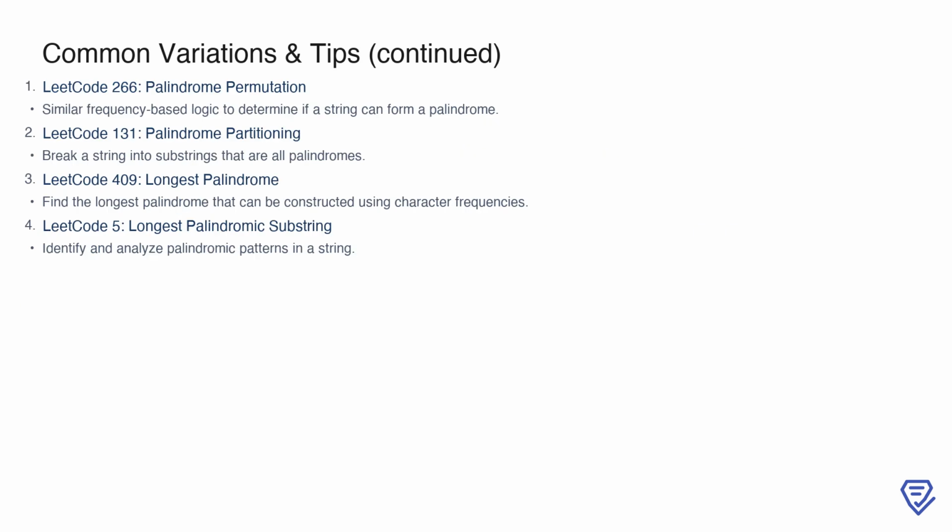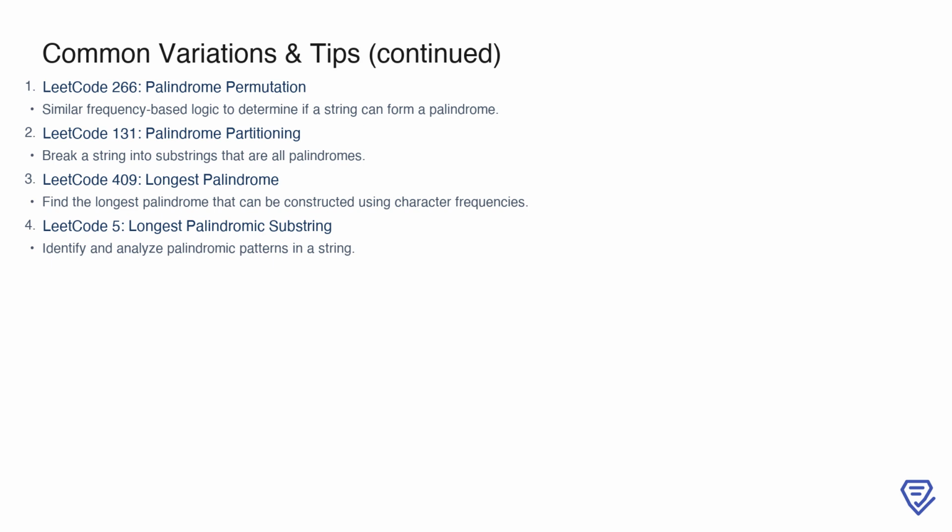This problem is closely related to a few others that you might encounter on LeetCode. For example, LeetCode 266, palindrome permutation, uses similar frequency-based logic to determine if a string can form a palindrome. LeetCode 131, palindrome partitioning, requires breaking a string into substrings where each substring is a palindrome.